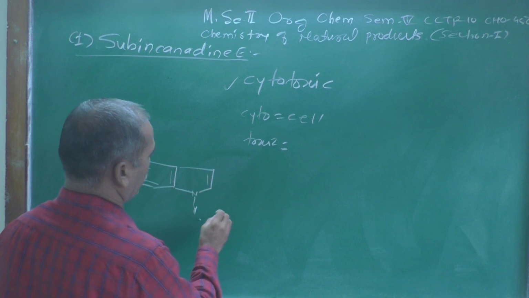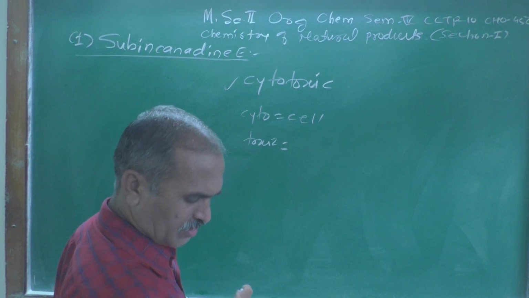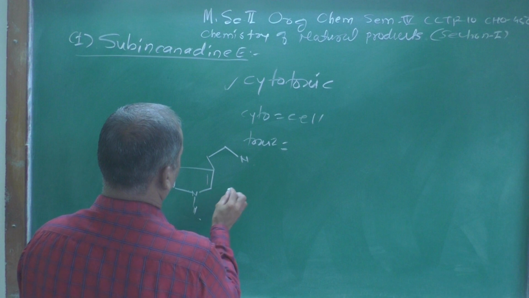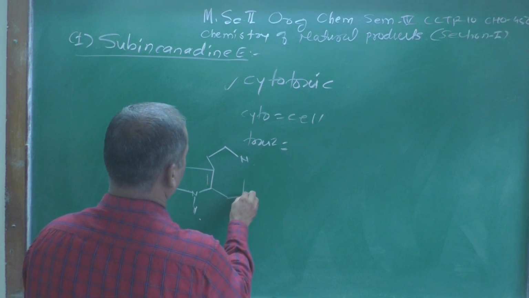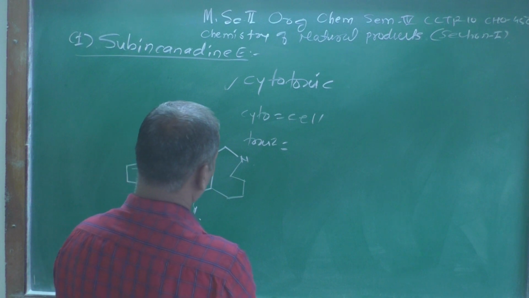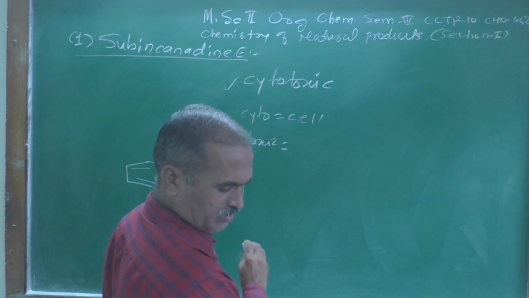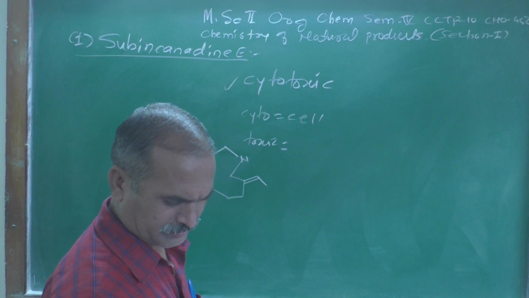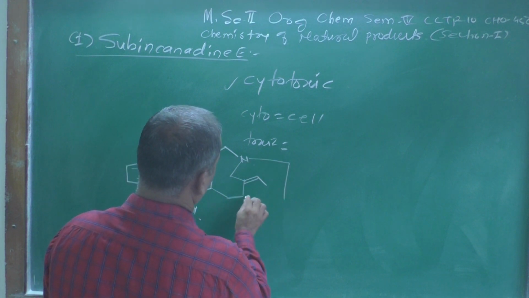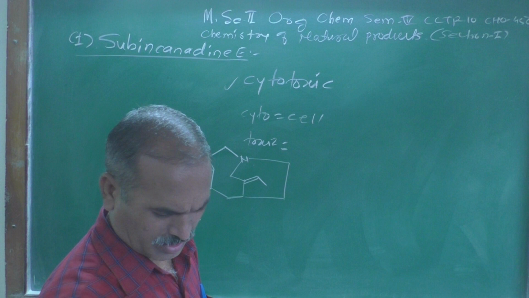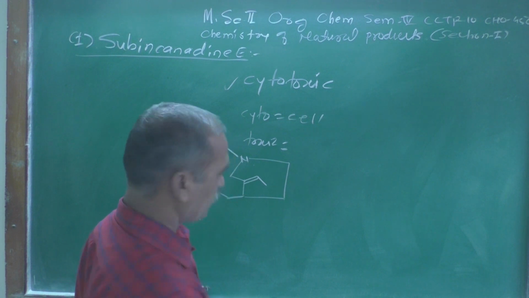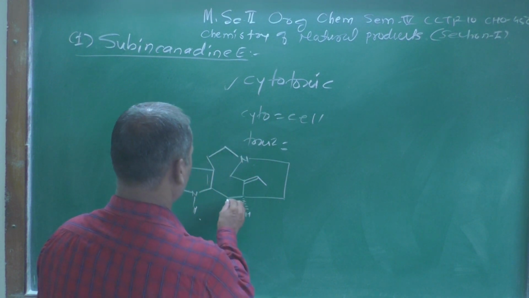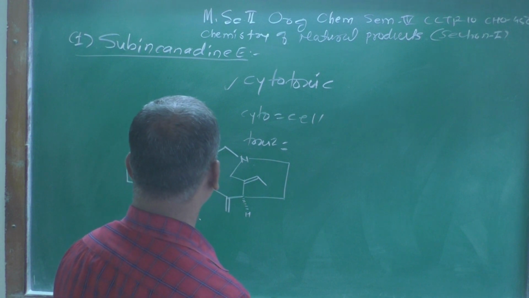Let's see, and then there will be here N, then we can show here this is the bond which is attacking over there, then here a double bond, and then this is the bond which is attacking over there, and there should be a hydrogen atom below the plane, and here must be the double bond.